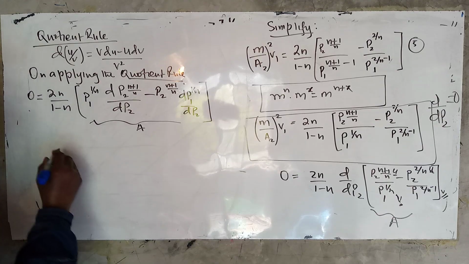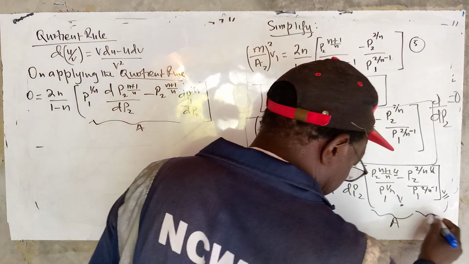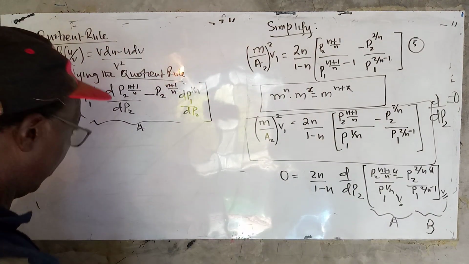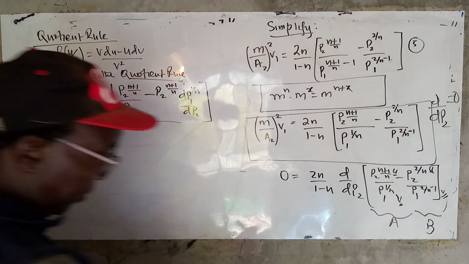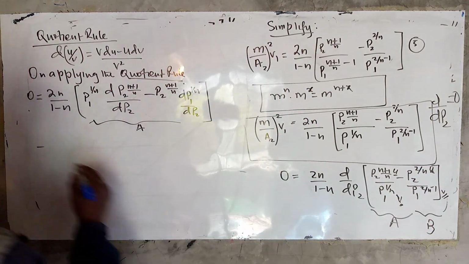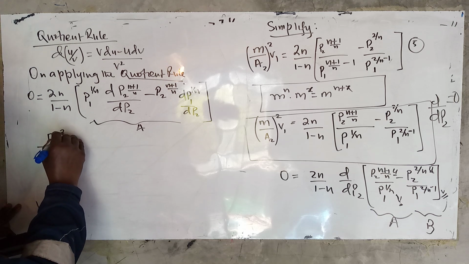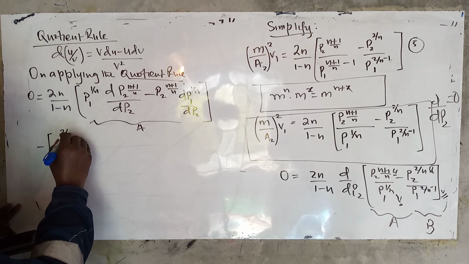Then we have minus. We're applying it to the second term. Let's call that B. Applying the quotient rule to B, we now have minus v. V is P1 to the 2 over n minus 1.